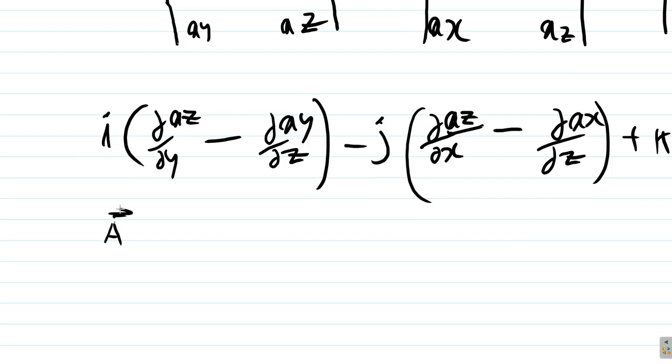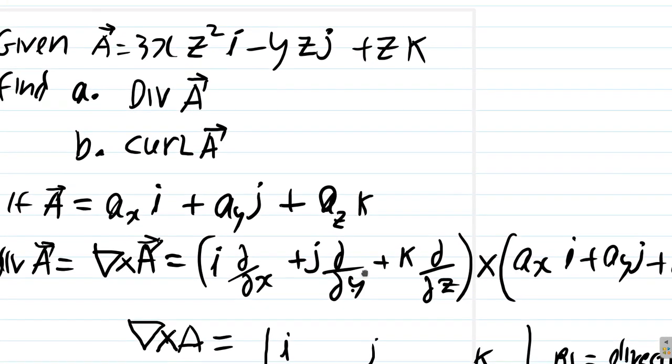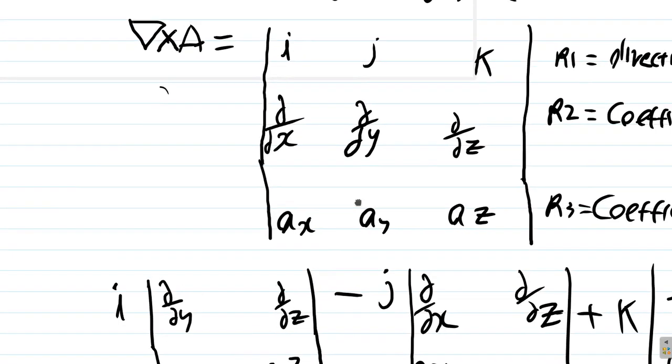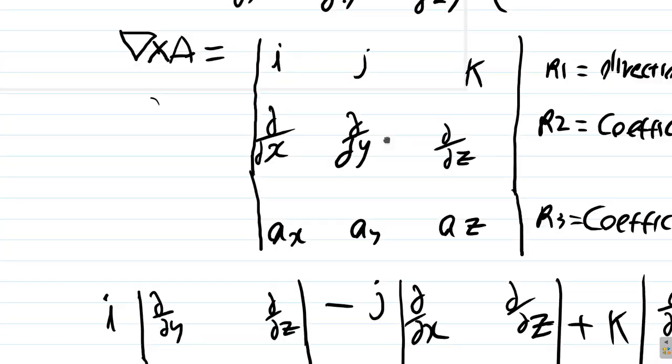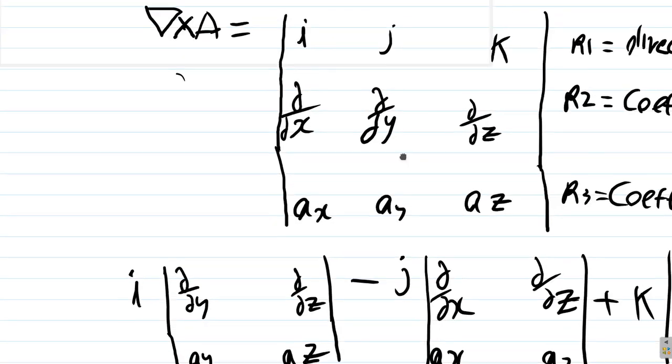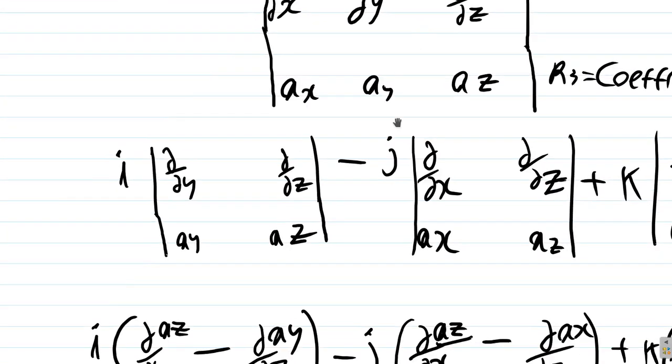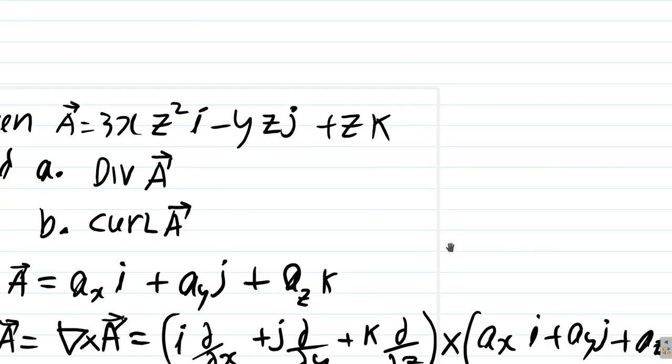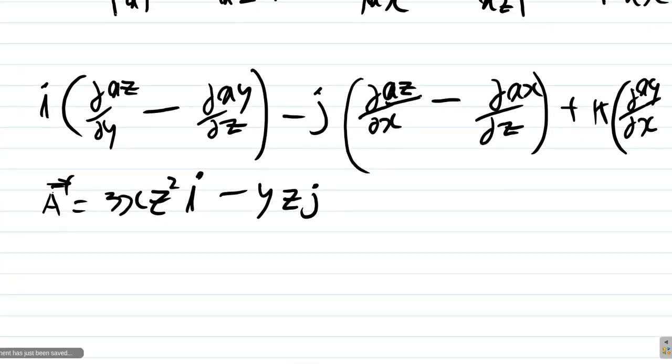A equals 3xz squared i minus yz j plus z k.